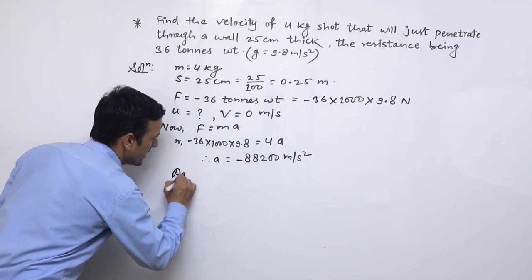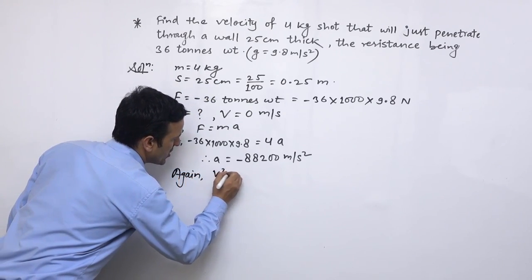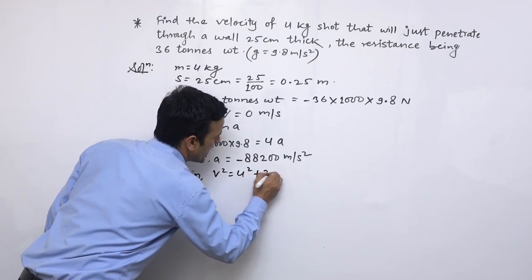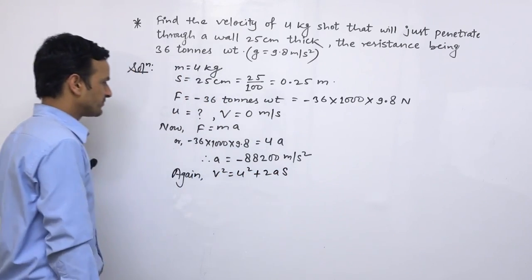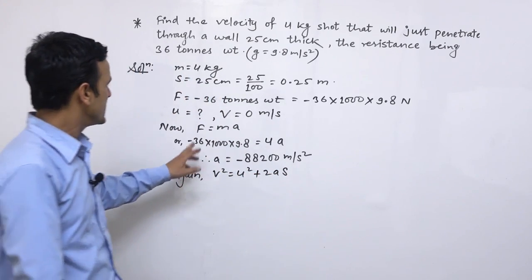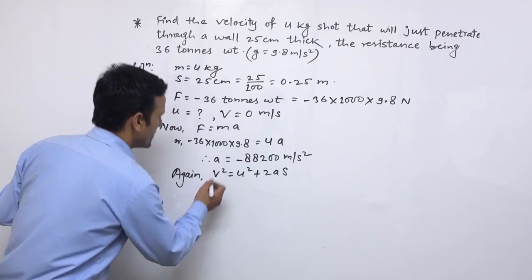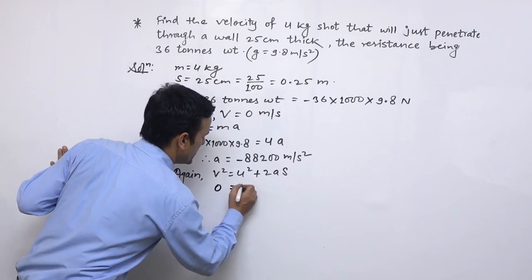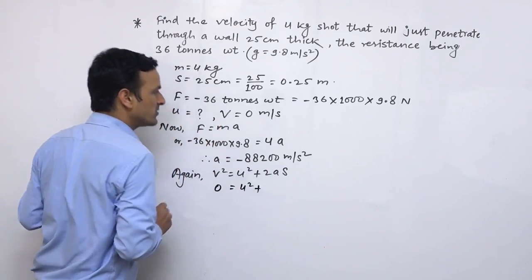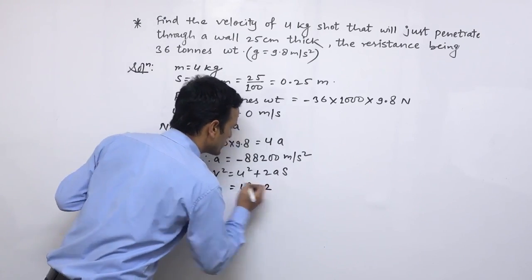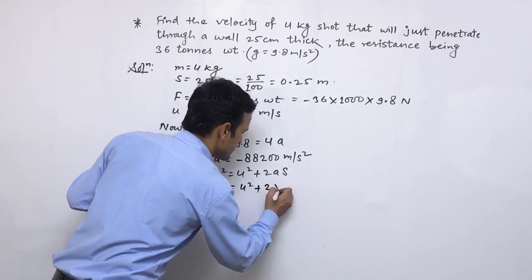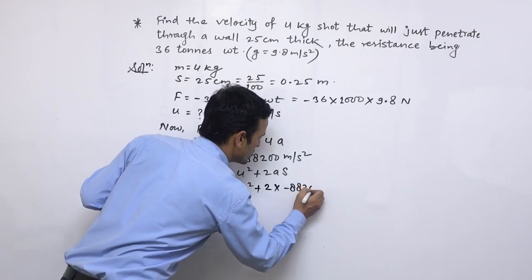Now again, we can use this term, v square is equal to u square plus 2as. So this is the formula to find u. So v is equal to 0 and u means it is u square, unknown. That means we are going to find 2 times a, which is minus 88200.